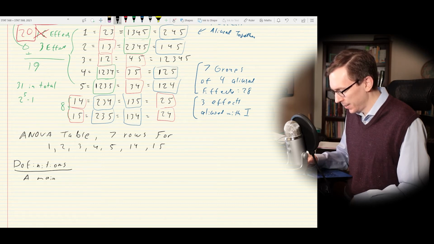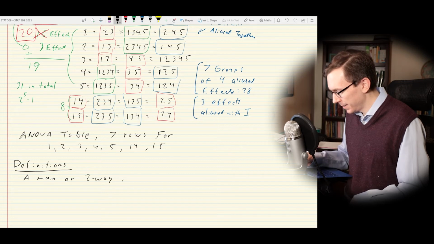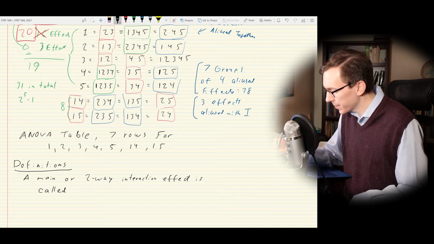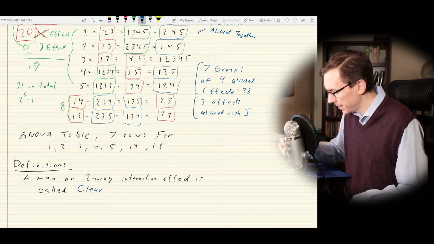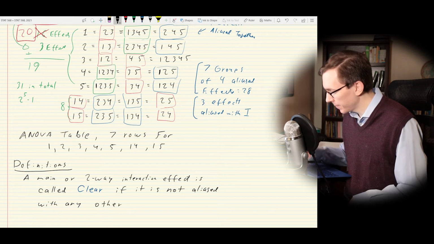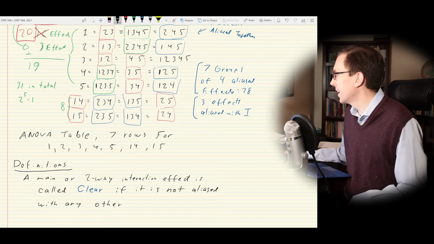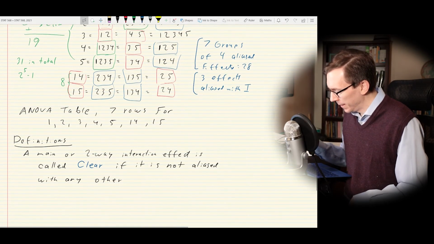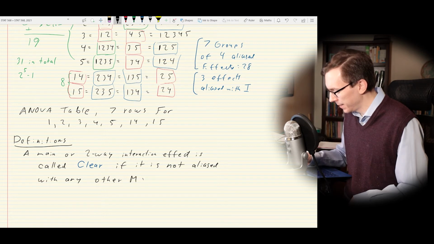A main or two-way interaction effect is called clear if it is not aliased with any other main or two-way effect.